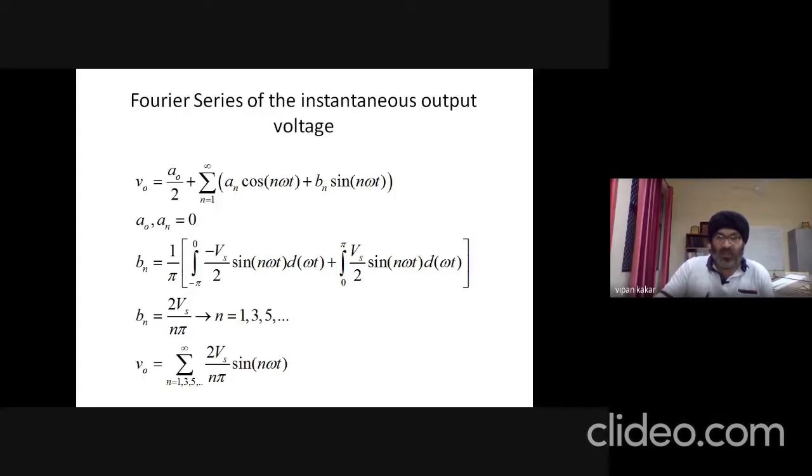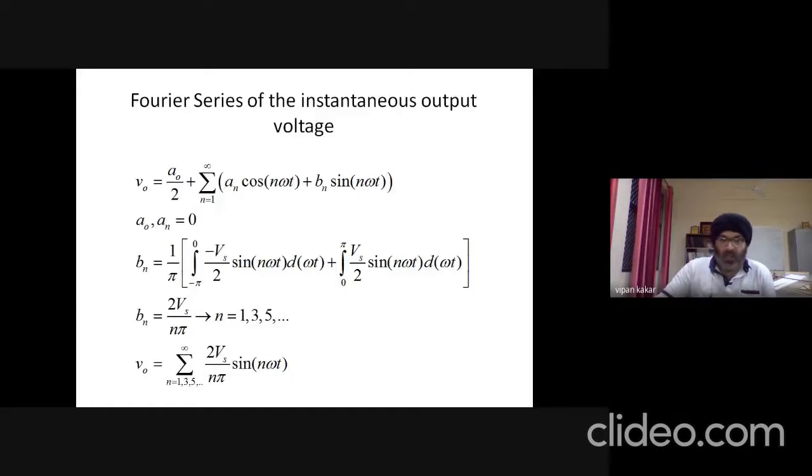So we have negative voltage from minus pi to 0 or from pi to 2 pi, and positive voltage from 0 to pi. So solving this, we get twice of Vs divided by n pi. N can be any value from 1, 3, 5 because we're talking about the odd harmonics.